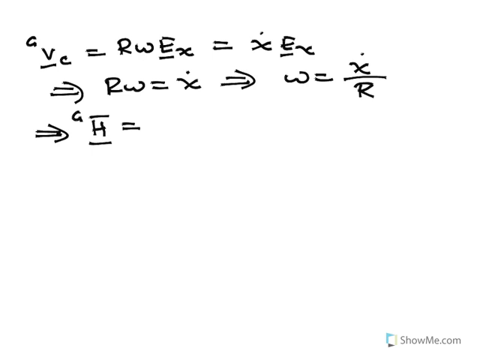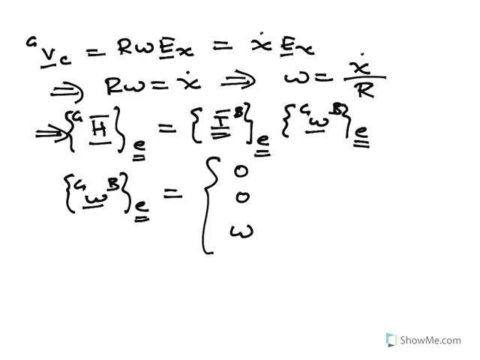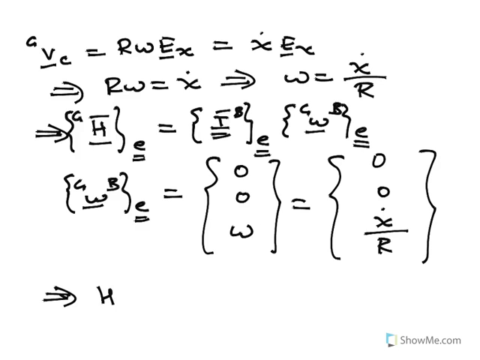I know that when I express this angular momentum in this basis E, it's equal to the inertia tensor expressed in the basis E multiplied by the angular velocity of the body in the ground expressed in the basis E. But the angular velocity of the body in the ground expressed in the basis E is equal to 0, 0, omega, which is equal to 0, 0, x dot over R. So this tells me that the angular momentum relative to the center of mass, when I get through multiplying this out, gives me Iz bar times x dot over R times Ez.